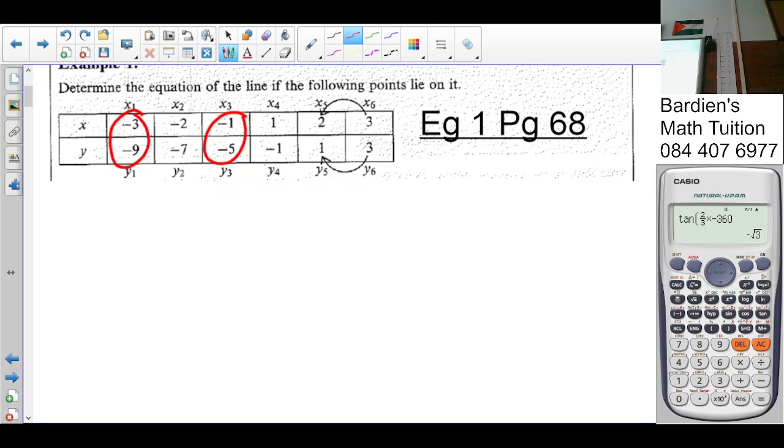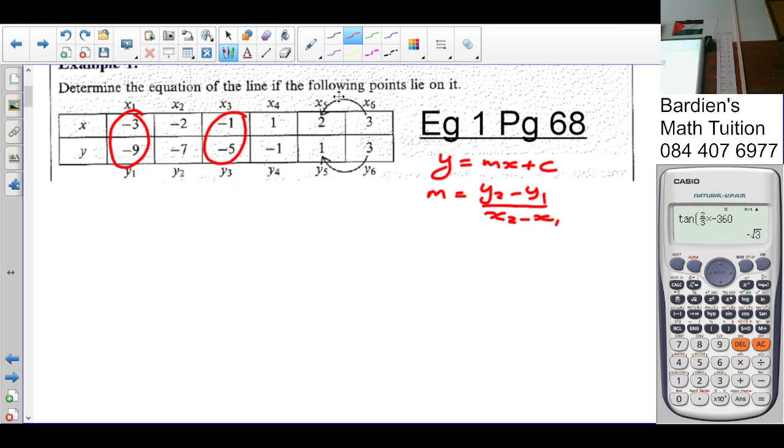The first thing is they ask you to determine the equation of the line. The standard form of the equation of a line is y equals mx plus c. How do you work out the gradient? y2 minus y1 over x2 minus x1.